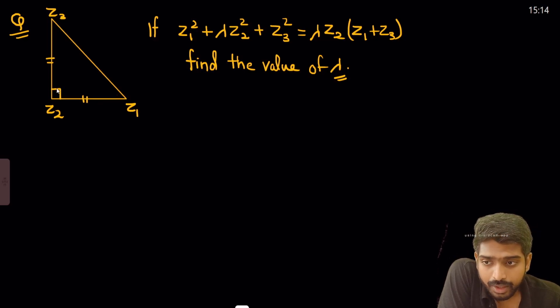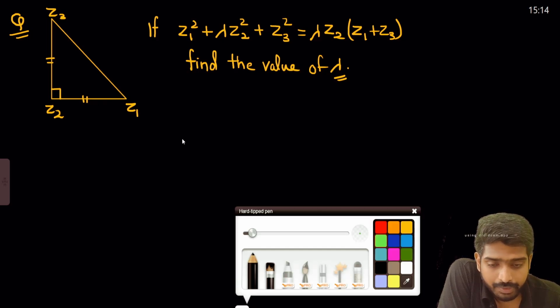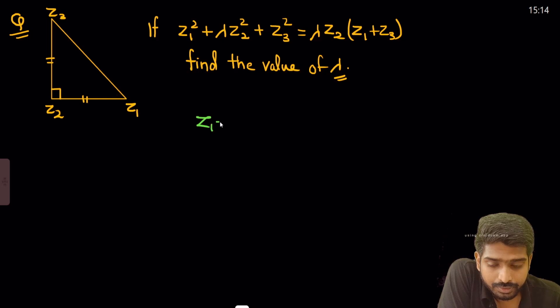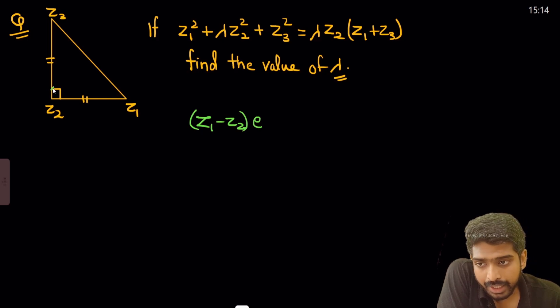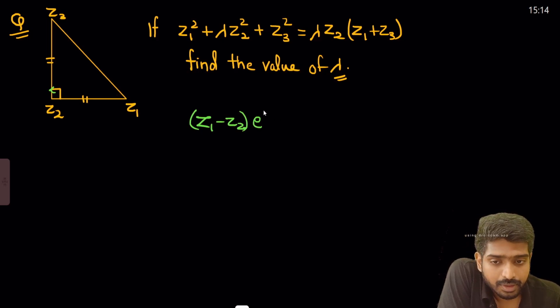Got it? Or we can say that if we rotate this line z1 minus z2 with pi by 2 angle in anti-clockwise direction, to rotate I'll multiply with the rotating factor e to the power iota pi by 2. I'll get the vector z3 minus z2.